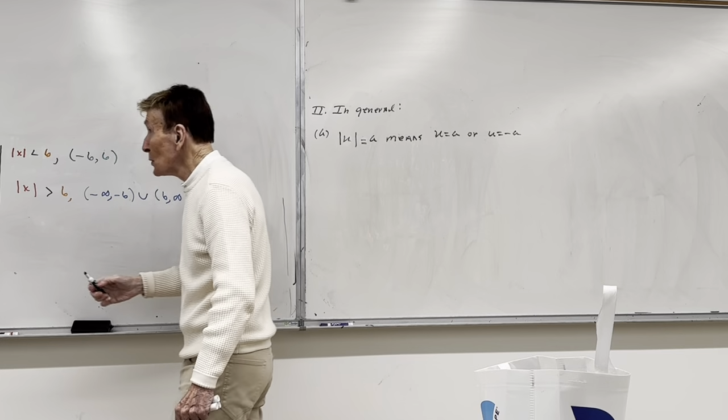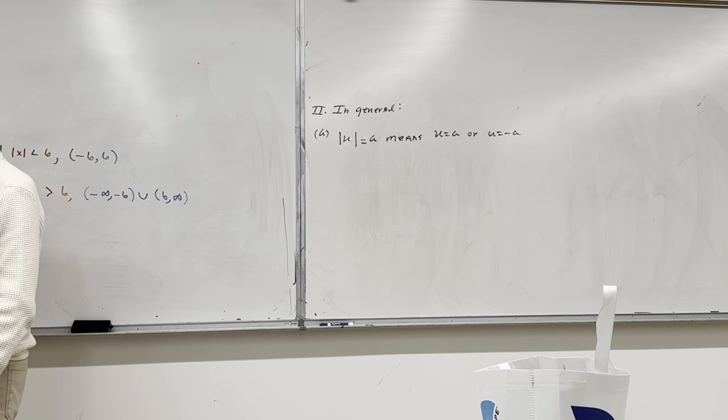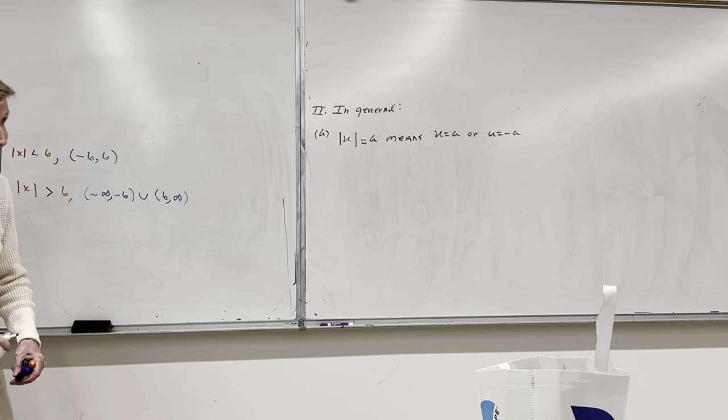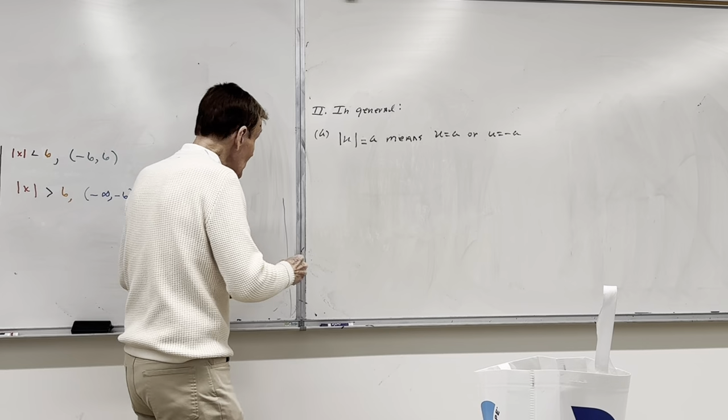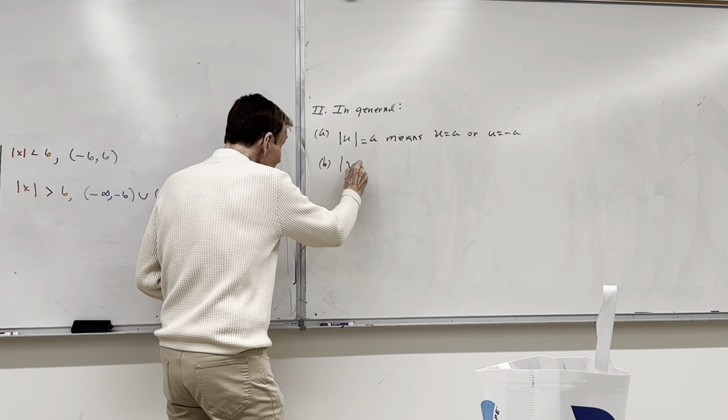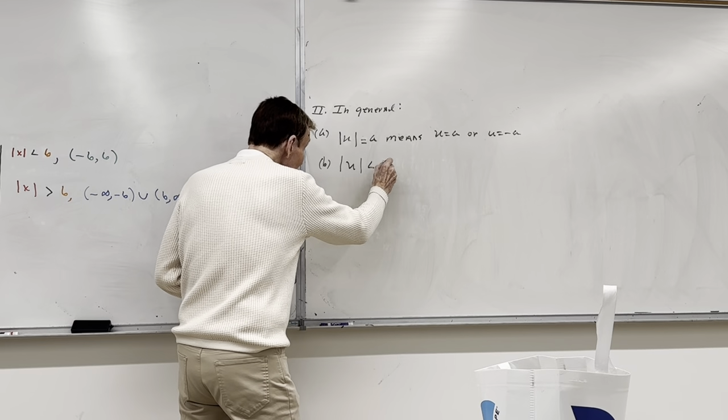Guys, that's what we were doing over here with an equals. And he just said that's, in general, what that means. Now, can you tell me on the inequalities, what did I have written on the handout for the absolute value of U less than A? What does that mean?